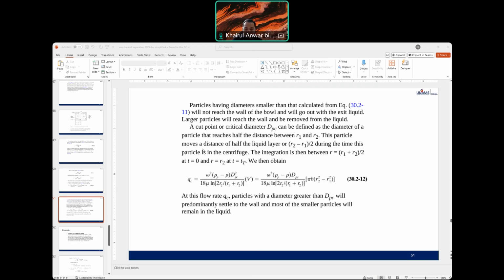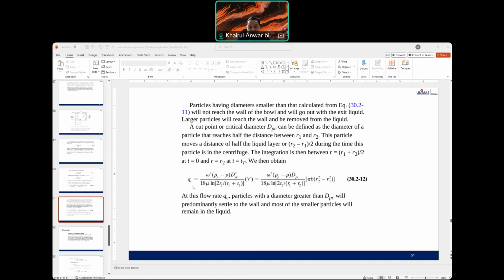This particle moves a distance of half the liquid layer, or (R2 minus R1) over 2, during the time this particle is in the centrifuge. The integration is then between R equal to (R1 plus R2) over 2 at t equal to 0 and R equal to R2 at t equal to Tt.